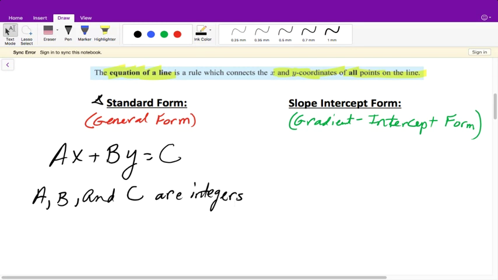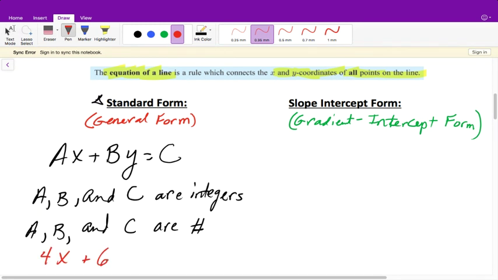So a, b, and c are numbers, obviously, because they're integers. All right, so we can substitute any values that we want for a, b, and c. x and y will always remain x and y, because we can plug in any numbers for x and y. So an example of a standard or general form is 4x + 6y = -8.